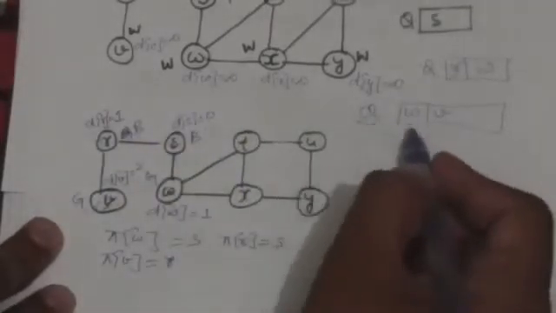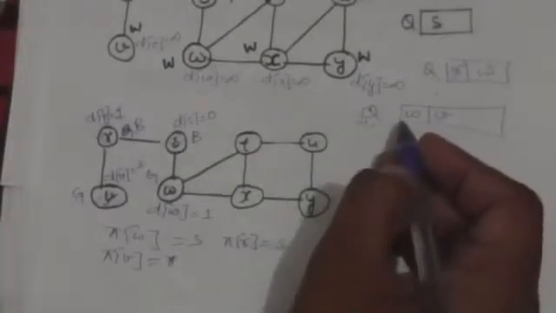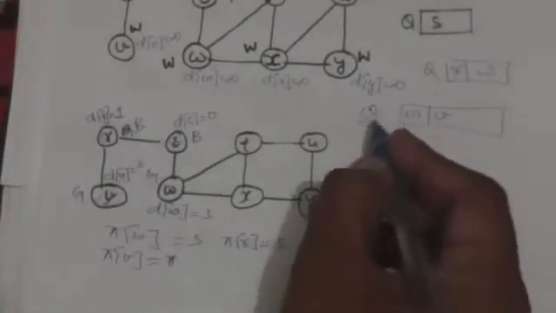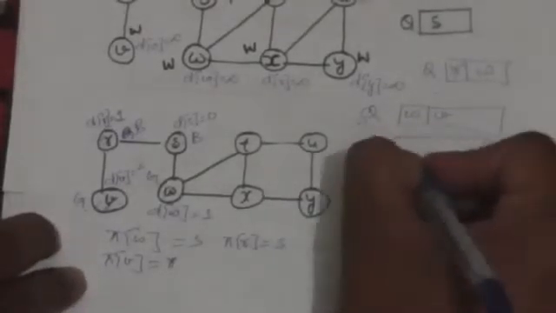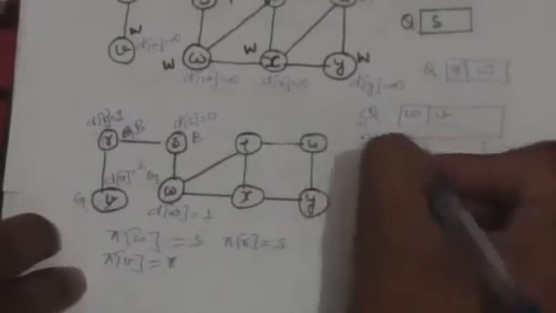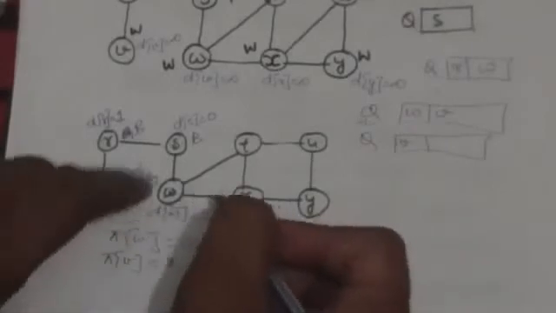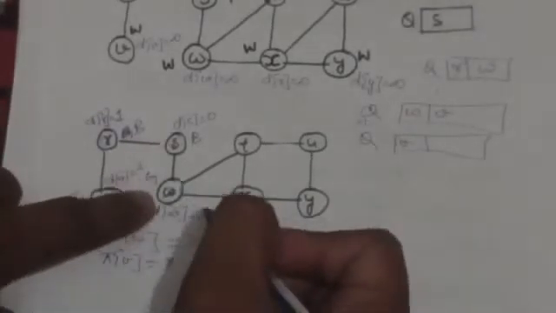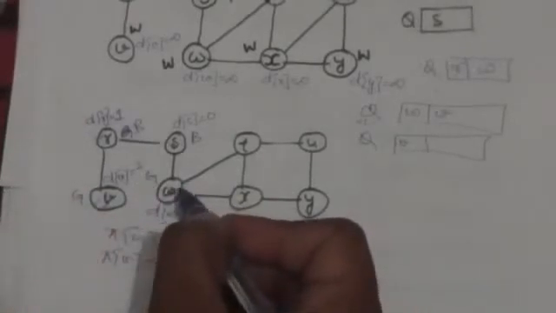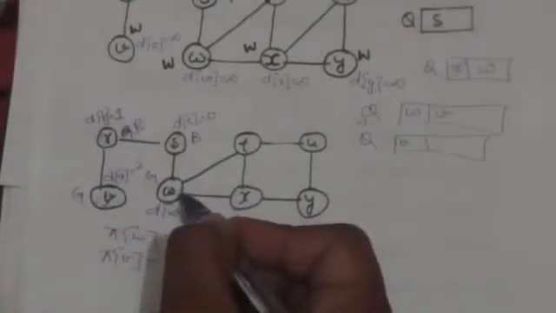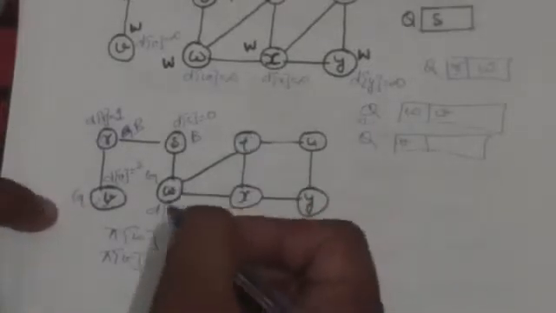Now the queue is not empty, so we will repeat this procedure again. We will dequeue a vertex from this queue. So we will dequeue the vertex W from this Q. Now see this vertex W. First of all, we will see how many vertices are adjacent to it and their color is white.